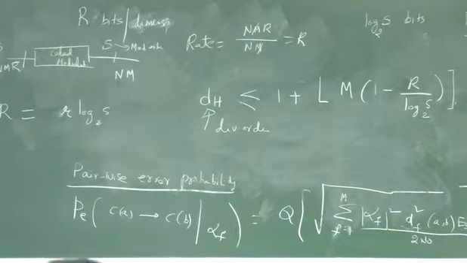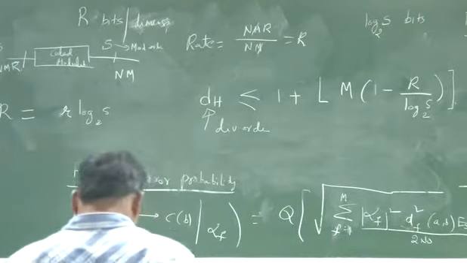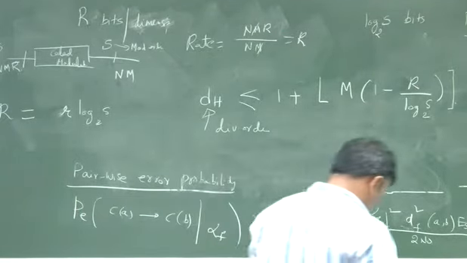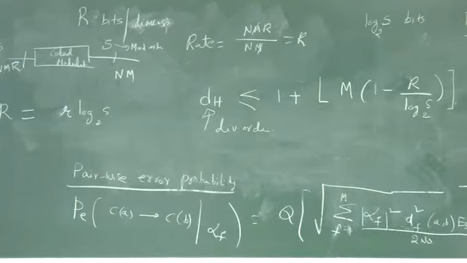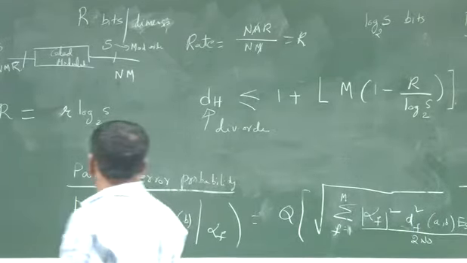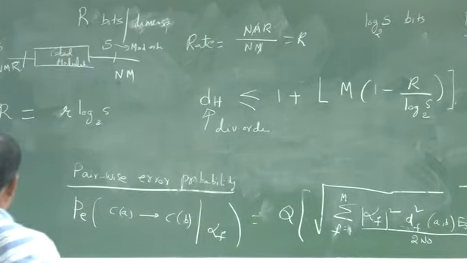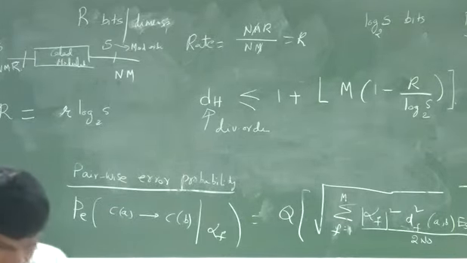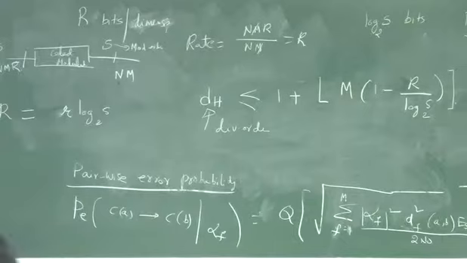Okay. Capital R is basically small r log S to the base 2.